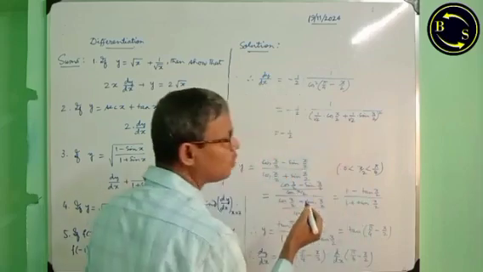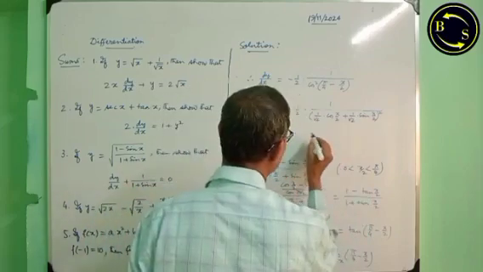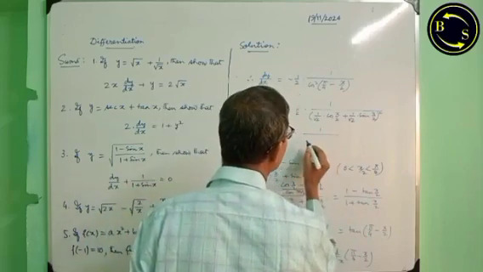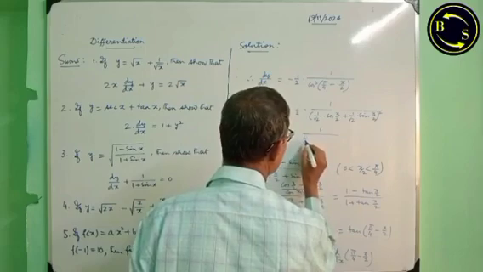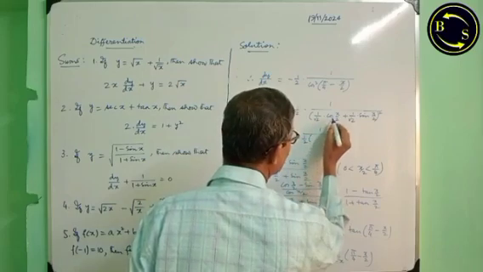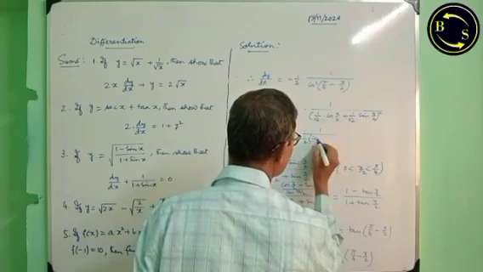We take 1 by root 2 outside, therefore half is outside, cos x by 2 plus sin x by 2 whole square.